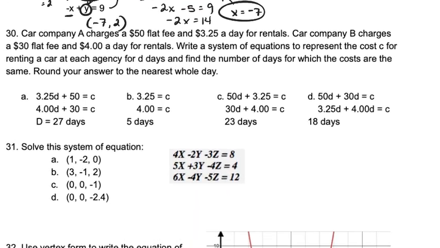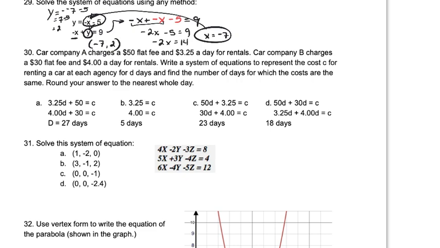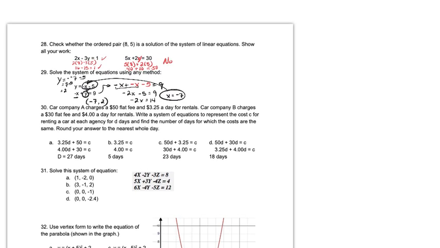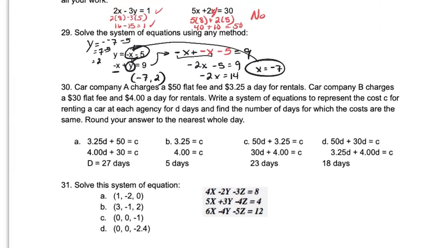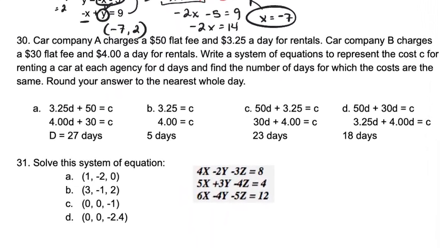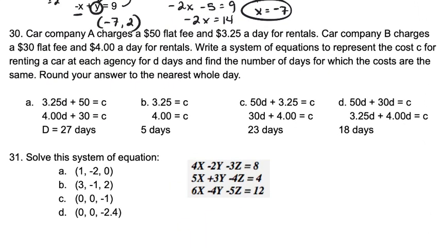Let's look at number 30 here. Get it all in for you. There we go. A car company charges $50 flat fee and $3.25 per day for rental. So charges, see, cost, that's the same thing as charges for D days.